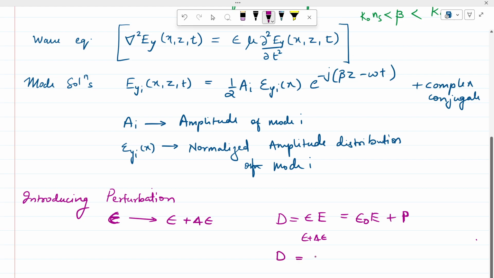D will become epsilon E plus some perturbation in the polarization, right? So P pert is nothing but delta epsilon times E, right?